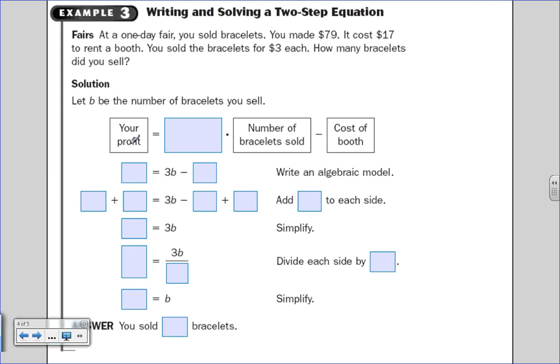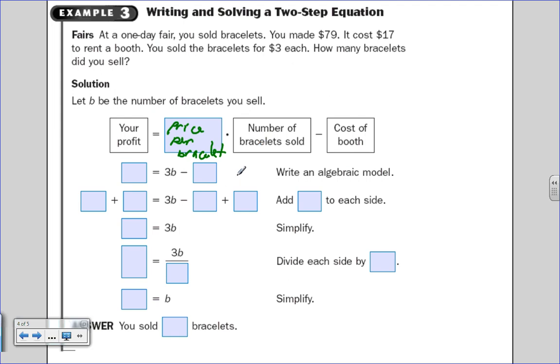So your profit, the amount that you made, is the price per bracelet times the number of bracelets. That'll give you the total amount that you made by selling them.